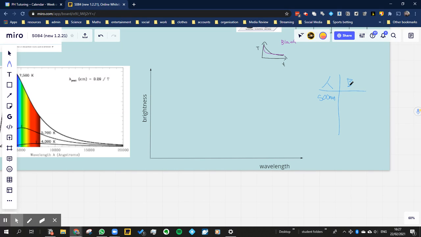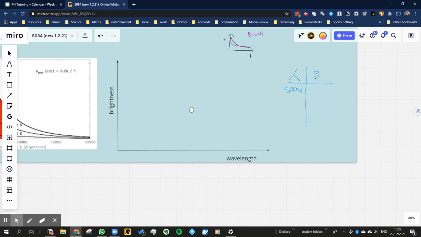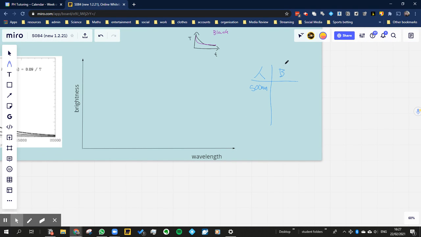It's difficult to come up with a number here, so we'll just say a relative brightness of say 0.4, right? So we plot that point, say here. Okay, let's say that's the brightness there, and that's the wavelength there. Then we do the same for 550, for 600, 700, whatever it might be.